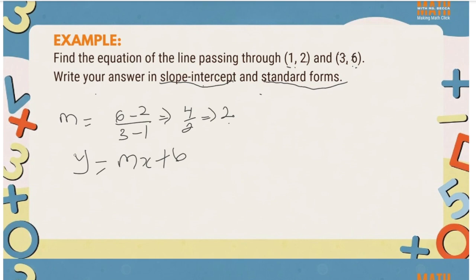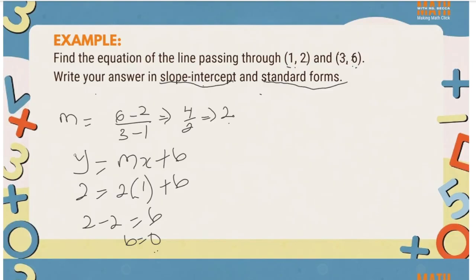Let's use this first point. So what is y? That's 2. So we have 2 equals m is 2, 2x. What is x? x is 1, plus b. So this gives 2 minus 2 equals b. That means b equals 0.